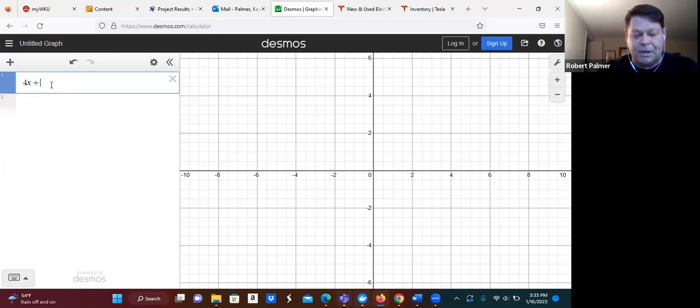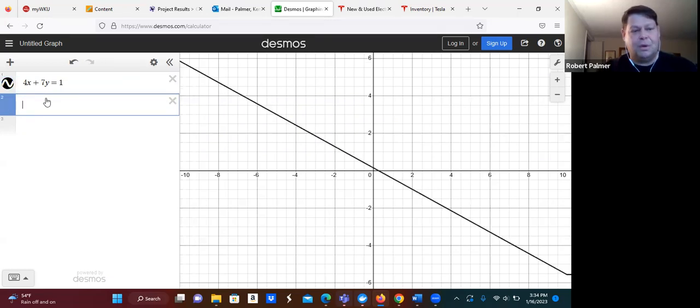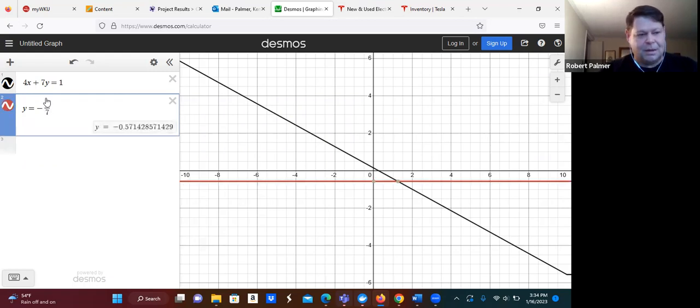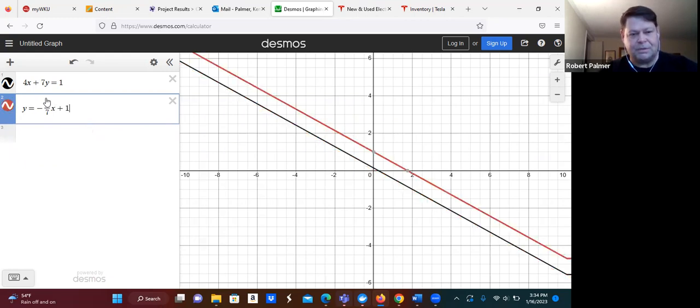Let's do 4x plus 7y is equal to 1. Okay, so that's our line. Now, let's show this is true. So now let's do y is equal to negative 4/7 x plus 1/7. Now if we do that, we get the same line, okay?